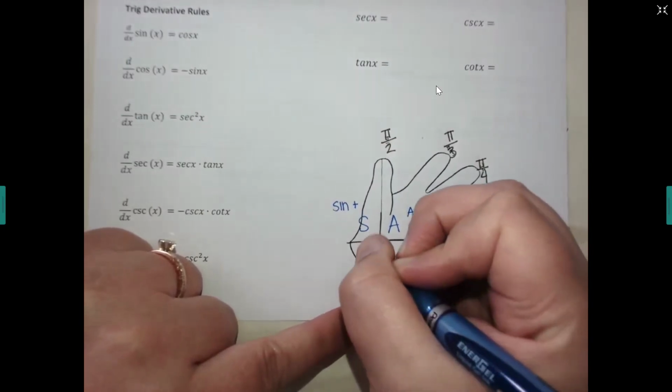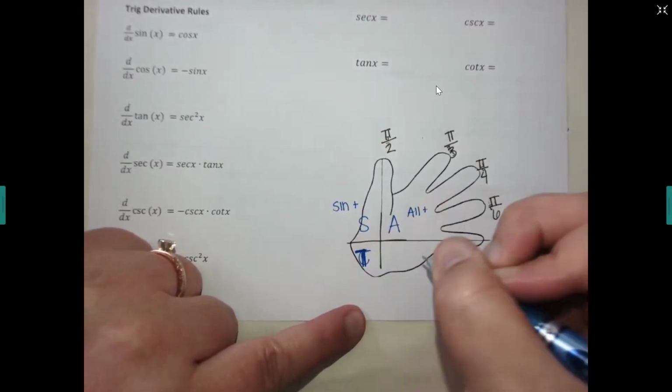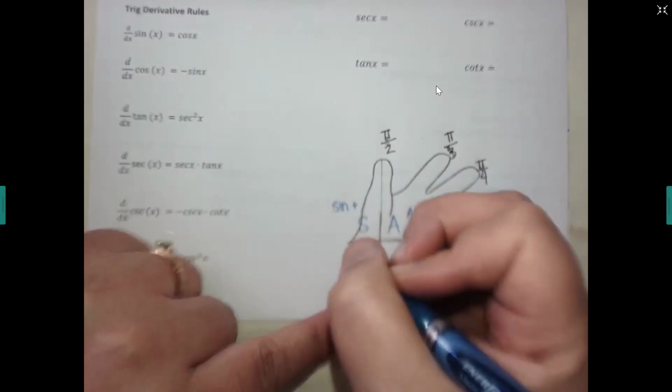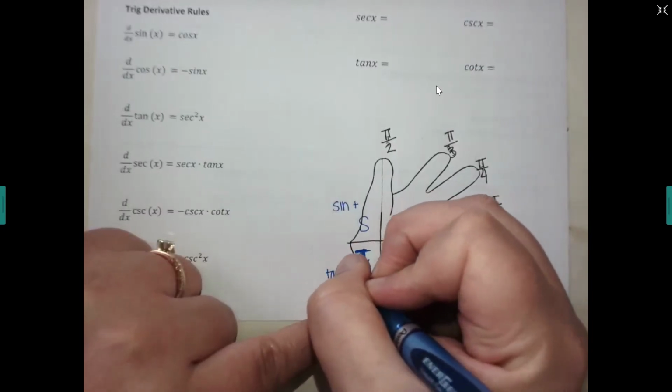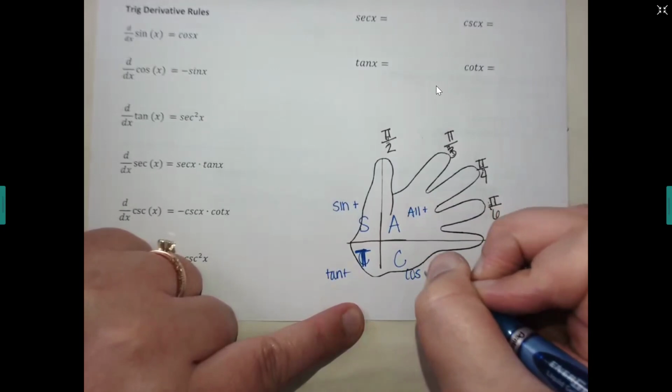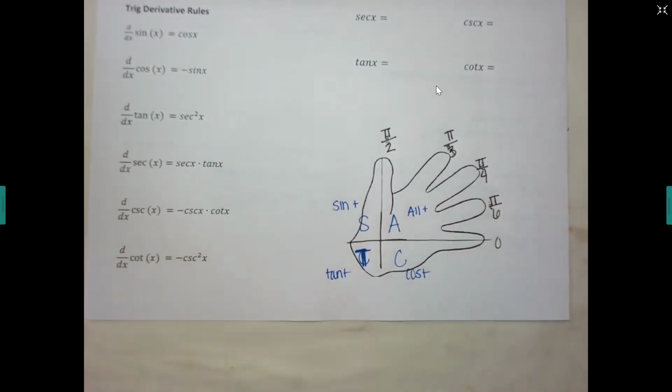T, then C. So this would be tan positive and cosine positive. So remember, that helps you if you're not at one of the original 5. Then that'll help you figure it out.